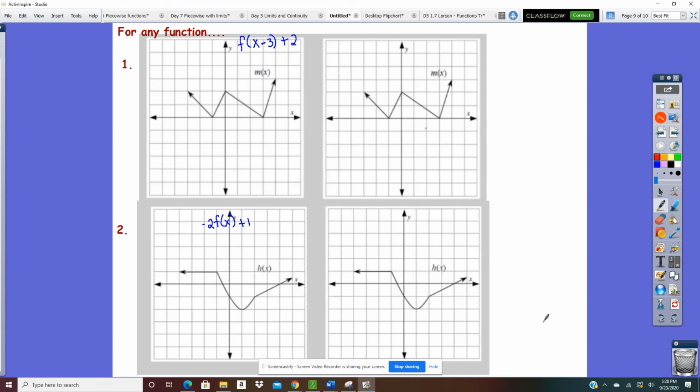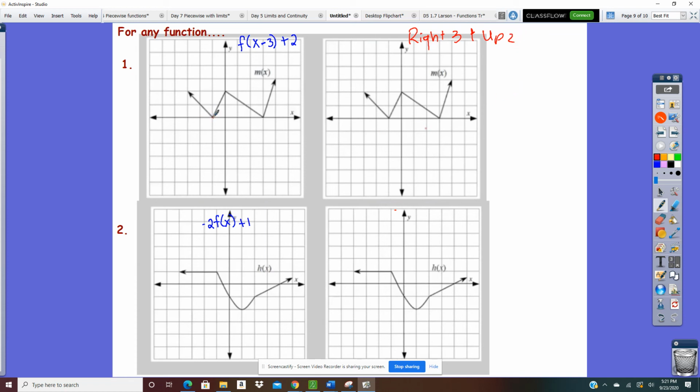All right, so let's look at some random general functions which have no function names. They're not our parent functions. So if I look at this graph, this means it's going to go right 3 and up 2. And again, if you want to make a table of values, you can, and just change your x values to be added 3 and your y values to be added 2.